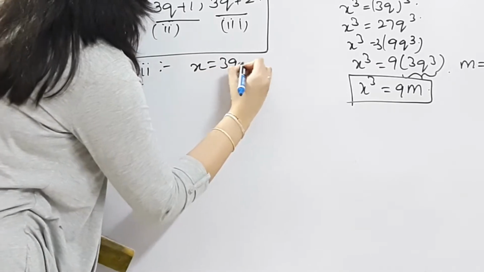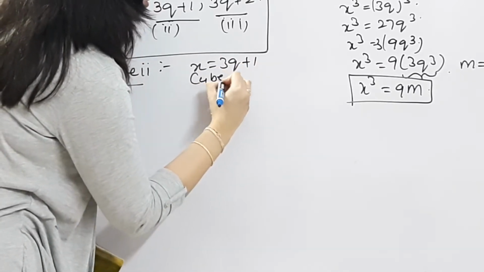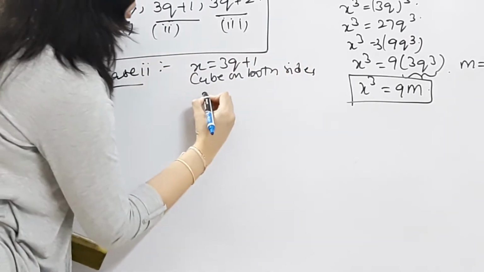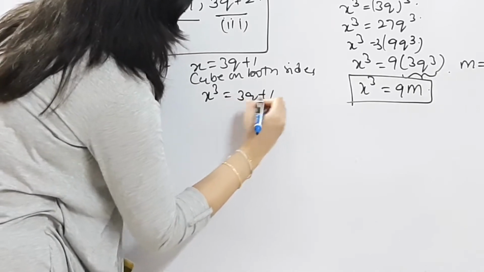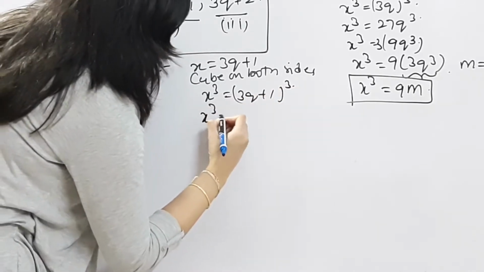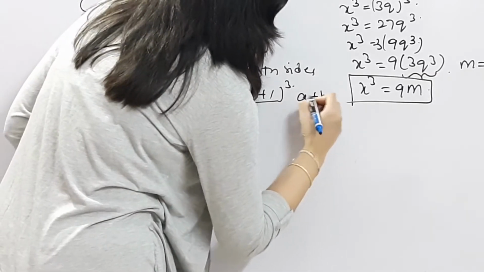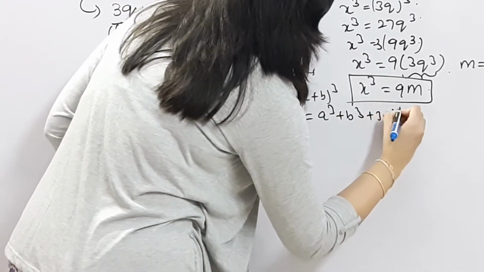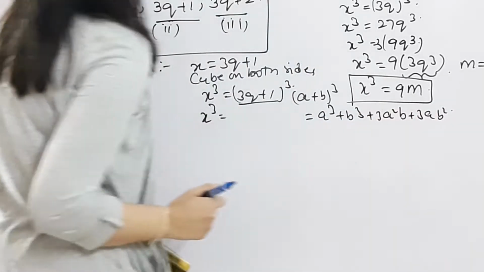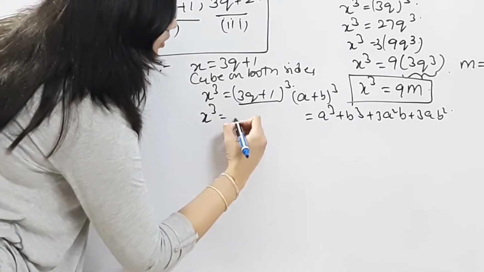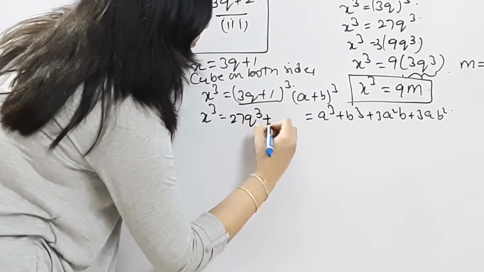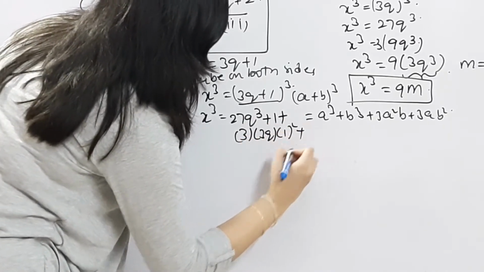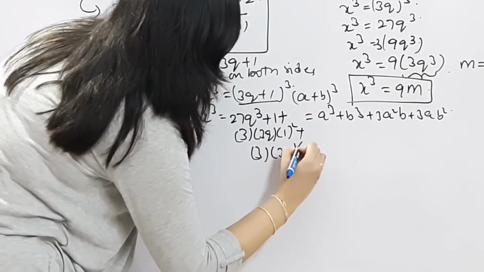So when we take x as 3q plus 1, we need to cube on both sides because we need to find the cube. So we get x cube is equal to 3q plus 1 whole cube. So this is in the form of a plus b whole cube, and the formula is a cube plus b cube plus 3a square b plus 3ab square. So x cube is equal to 27q cube plus 1 plus 3 into 3q into 1 square plus 3 into 3q square into 1.